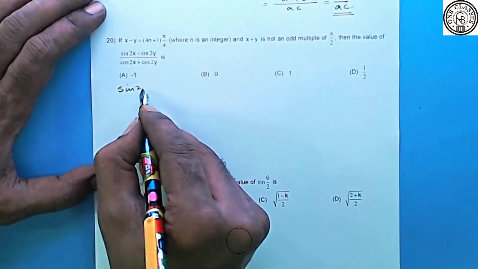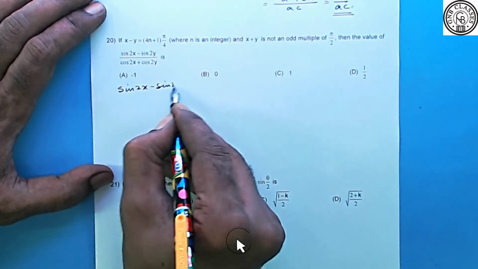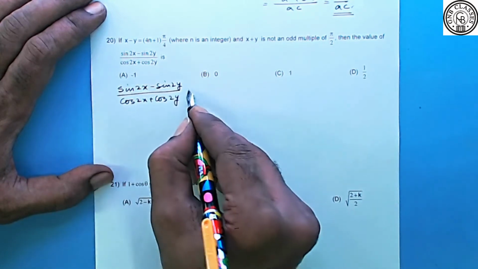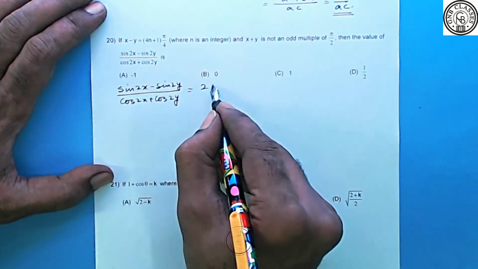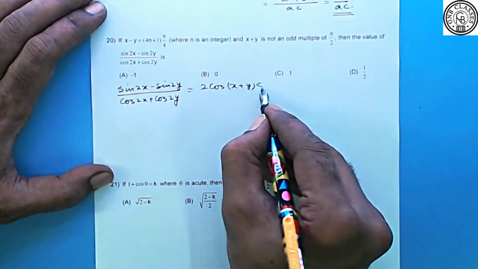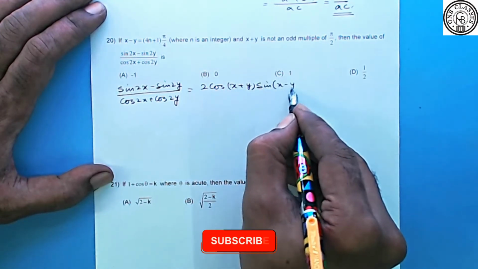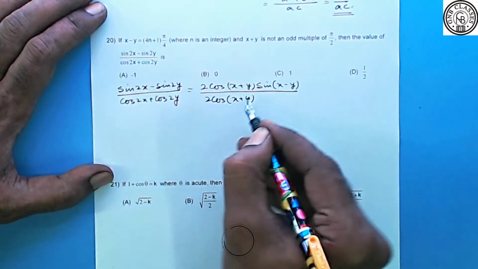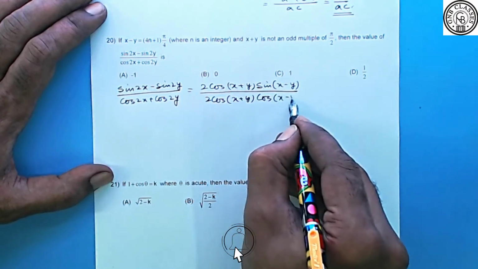Now, we have to find the value of this expression. Apply the formula of sin C minus sin D, which is 2 cos of C plus D by 2 sin of C minus D by 2. And in the denominator, cos C plus cos D is 2 cos of C plus D by 2 cos of C minus D by 2.